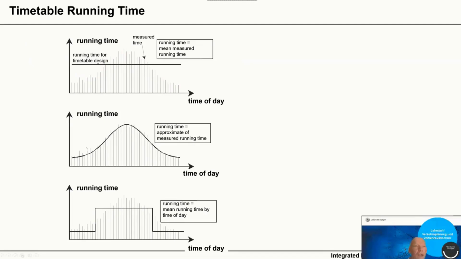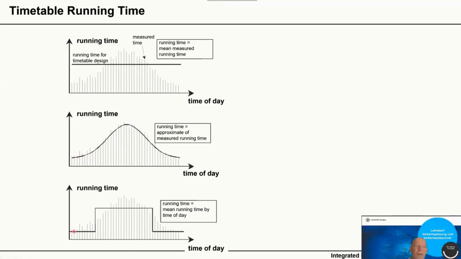So you could adopt that by saying, I have a specific running time throughout the course of the day. But this is difficult because we want to provide a regular service. And a regular service means that we have a fixed rhythm headway, the vehicles arriving every 10 or 15 minutes. And that is, of course, influenced by the running time.